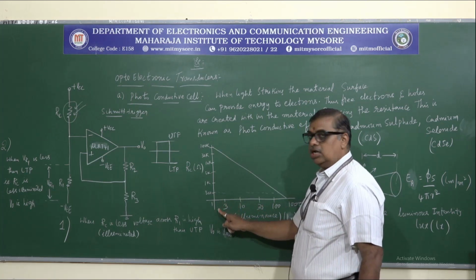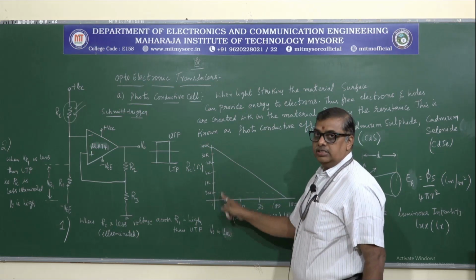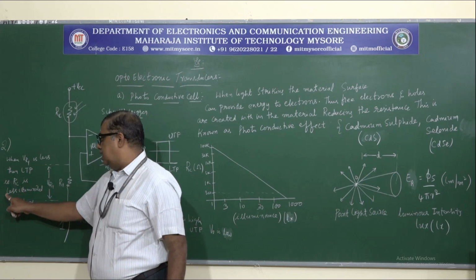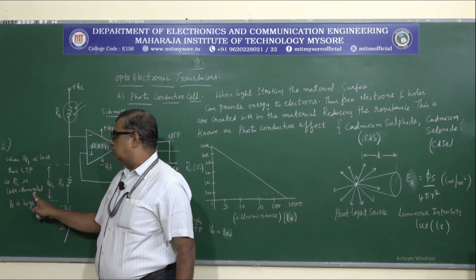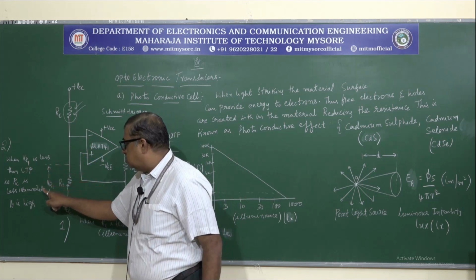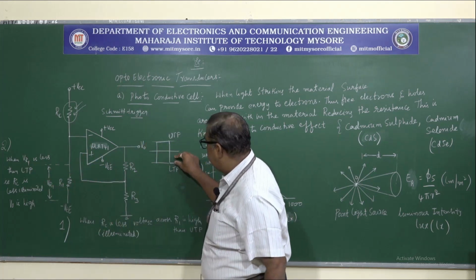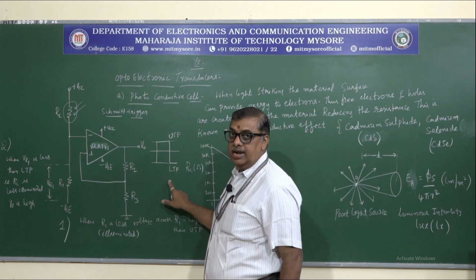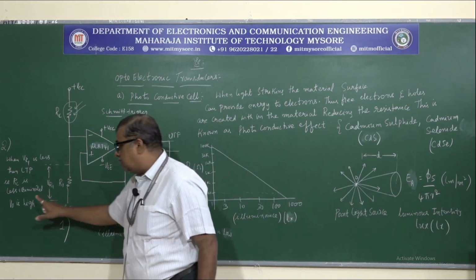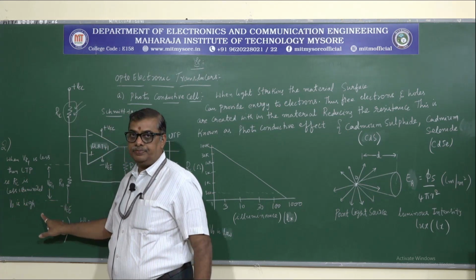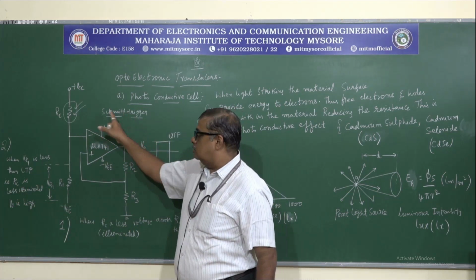Whenever there is less illumination, naturally the resistance should be high. So whenever RC is less illuminated, the voltage VR1 will be lower than the lower threshold value, less than LTP. Whenever that is the condition, the output is high.